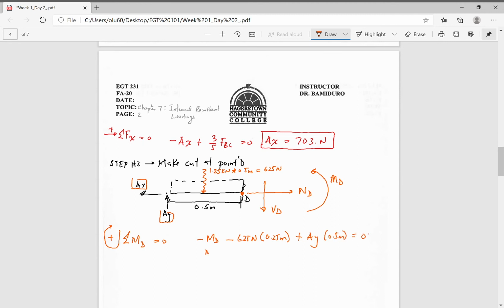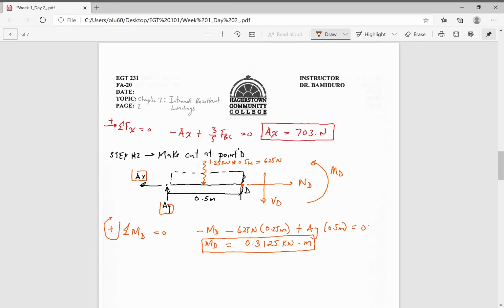We find out that our MD happens to be 0.3125 kilonewton meters.